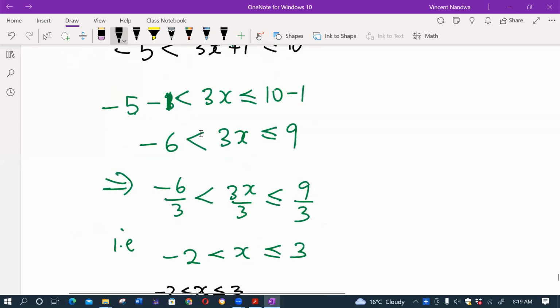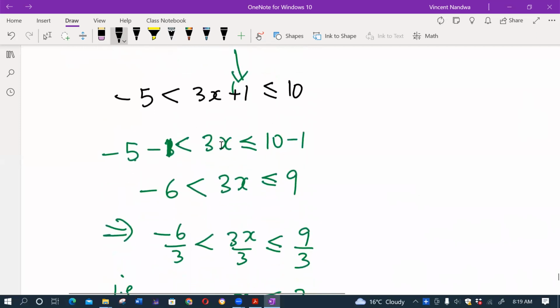Or if you can't do it in one step, solving the compound inequality in one step as we've done here, you can just separate. We have -5 less than 3x plus 1 less than or equal to 10.